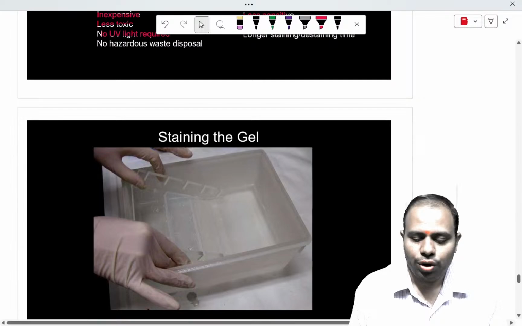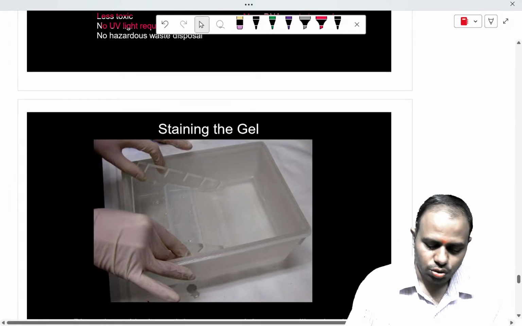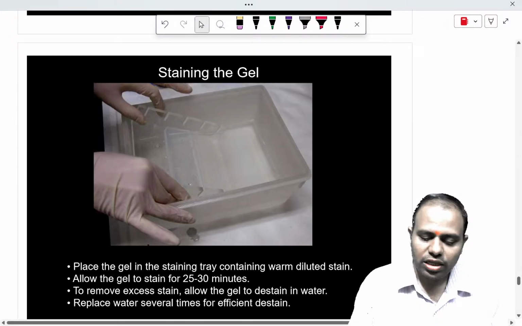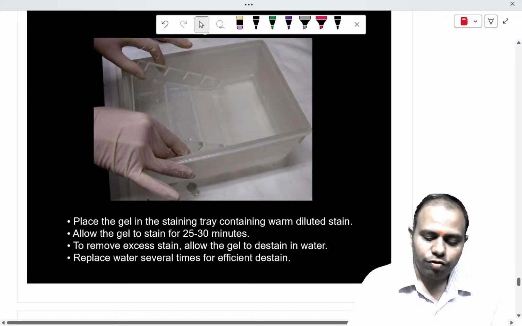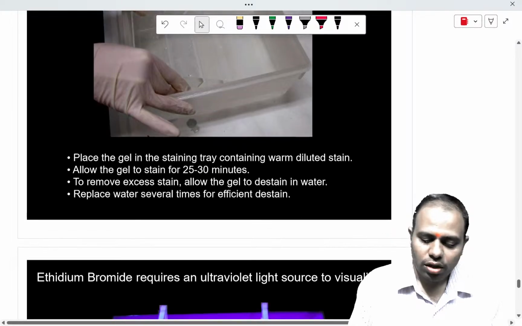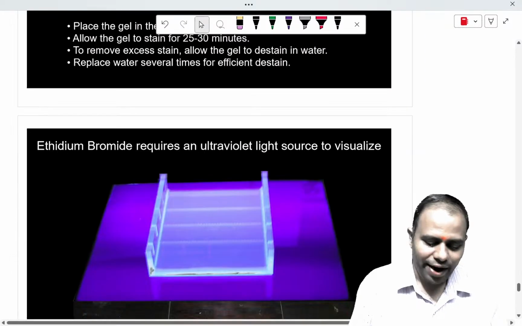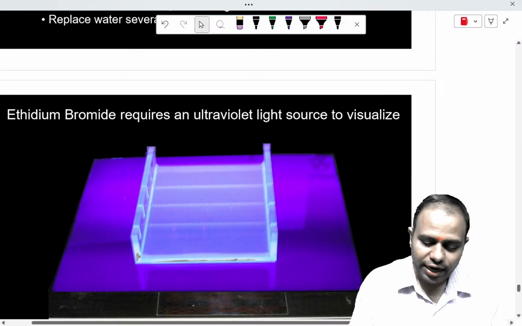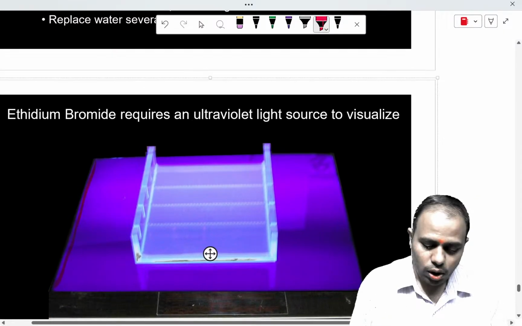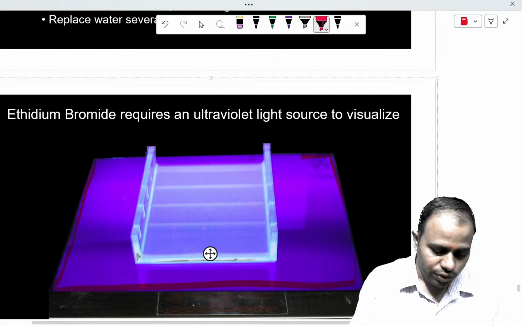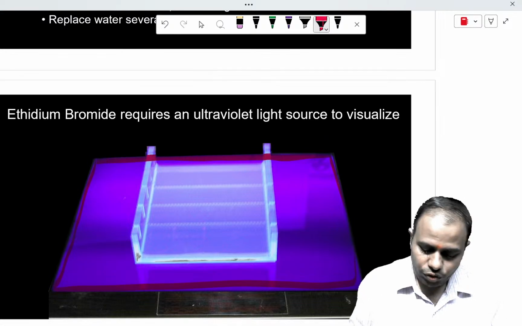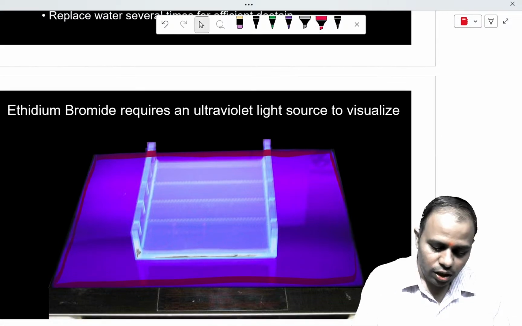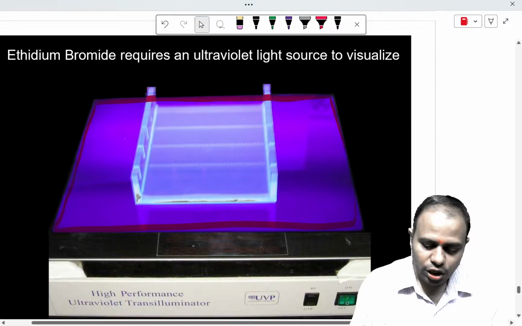After removing the gel after electrophoresis, you have to put the gel into the staining solution. You have to add ETBR, and then visualize the DNA in the UV chamber. The blue colored box you can see actually shows the UV light. You put the gel in the UV light, and you can visualize the DNA, which looks like an orange band.